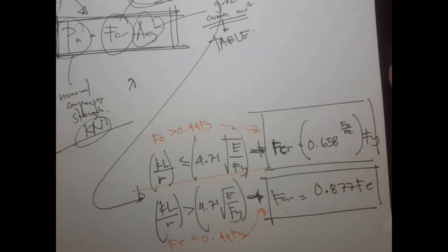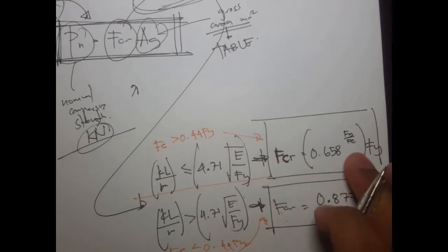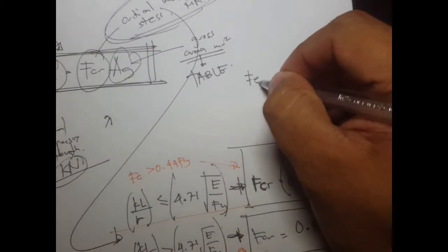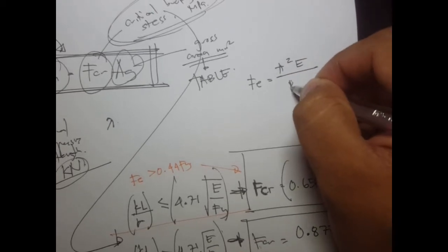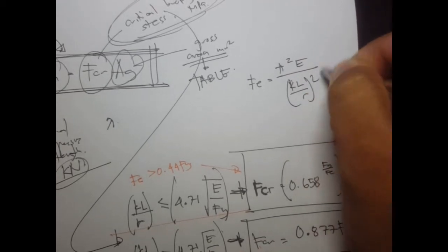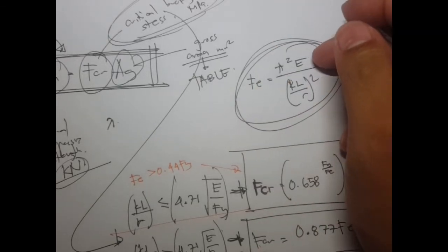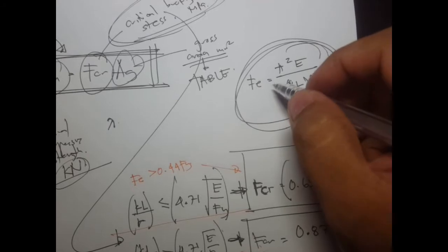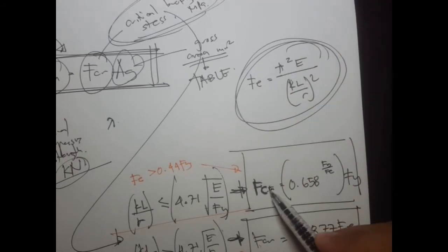Now what is this Fe? Fe is simply pi squared E over KL over r squared. That's our critical buckling stress. This one is Fcr.